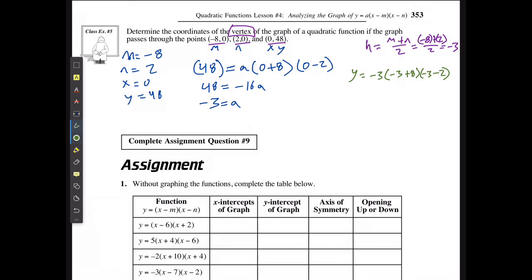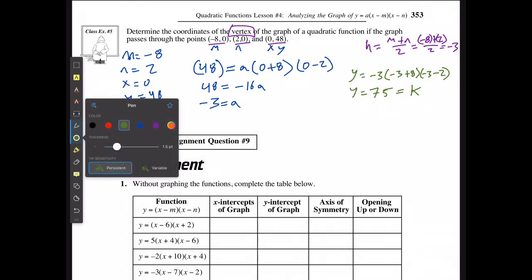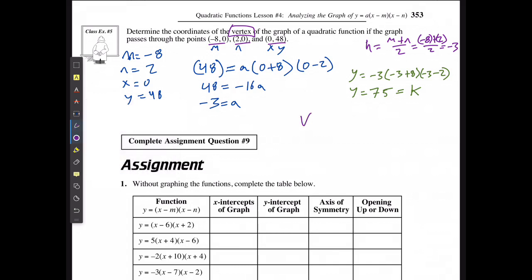I'm substituting the h value or the x value that I know for what this is going to be, and I get y is equal to 75. This is also my k value. The vertex occurs at the point of -3 and 75.